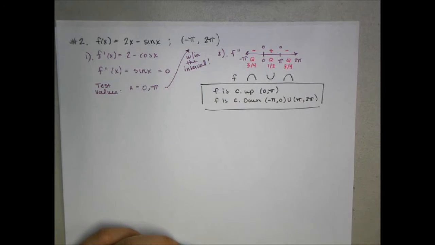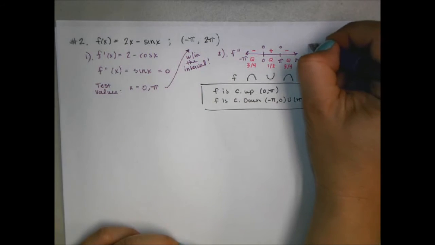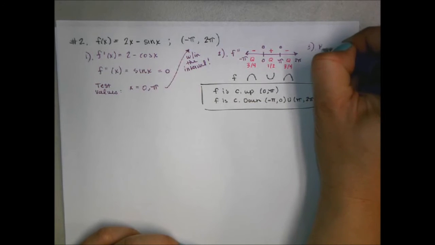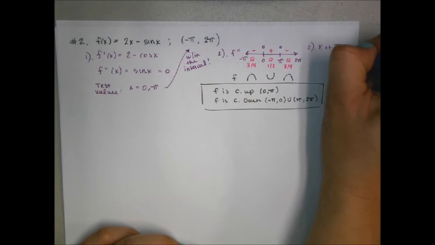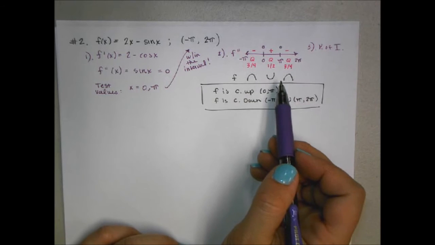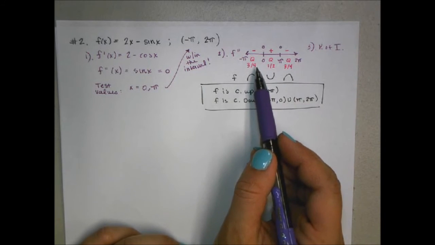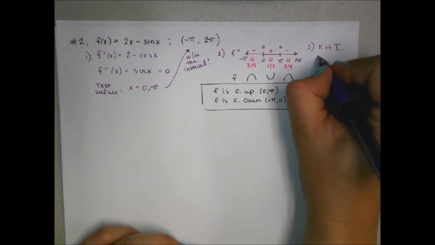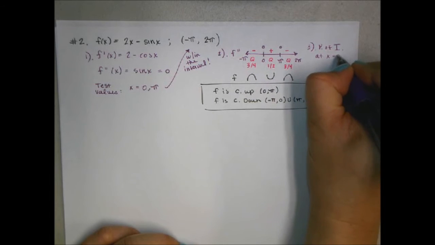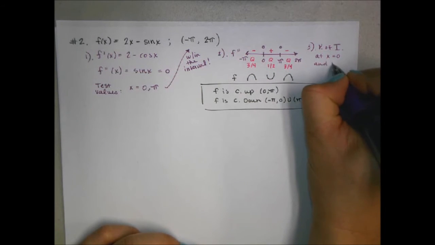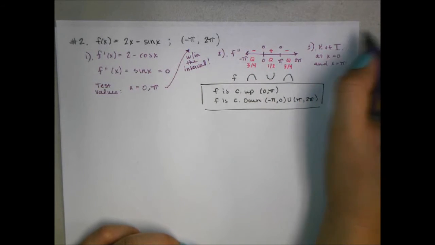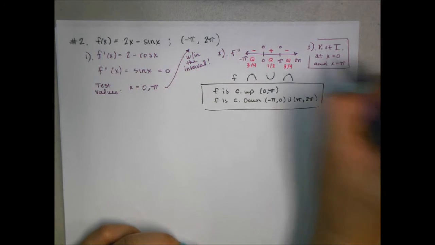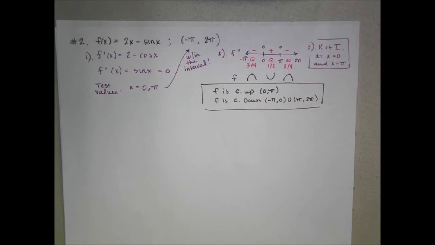Okay, third, points of inflection. Anywhere where the concavity changes, so we do have points of inflection when x is 0 and when x is pi. So we have one more example to go.